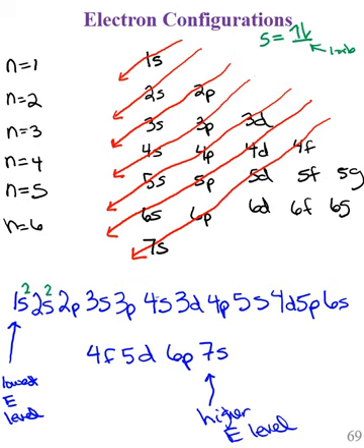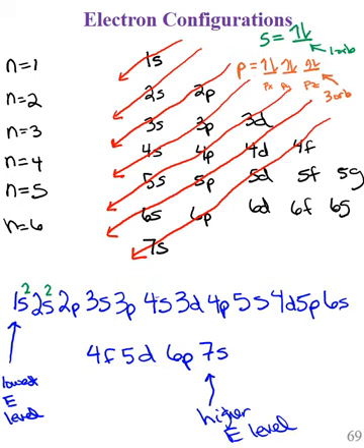Now let's look at the p orbital. How many orbitals can the p have? The p can have 3 orbitals, right? Because you can have the px, the py, and the pz. Each orbital can hold a total of 2 electrons, and each orbital will have one up, one down.